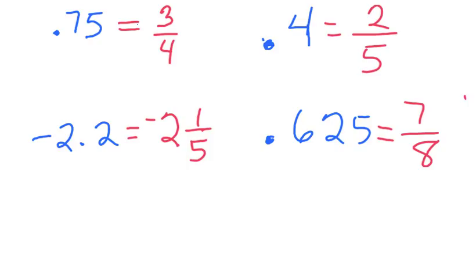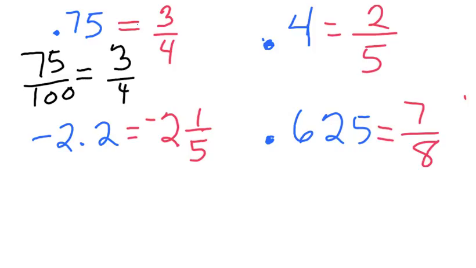0.625 is 5/8. Now, if you didn't think of that, you might have done this. You might have gone 75/100, that would be right, but then you have to reduce it to get 3/4. Okay? You might have gone 0.2 and 2/10, that's right, but it's got to be reduced.